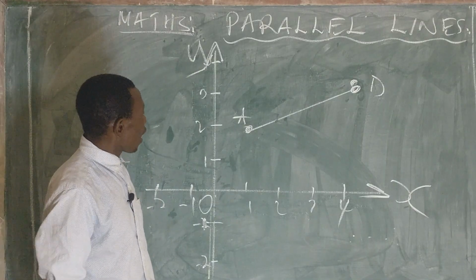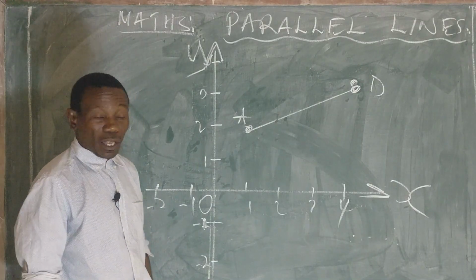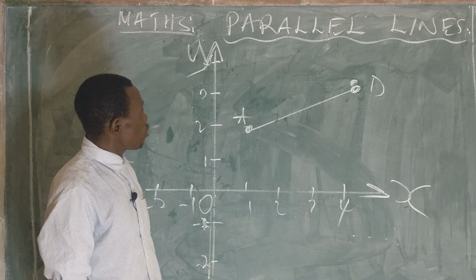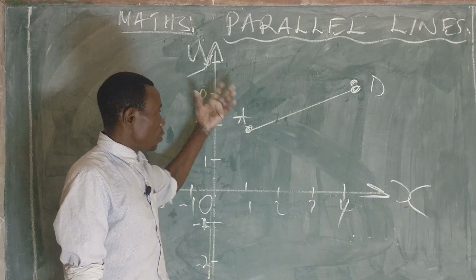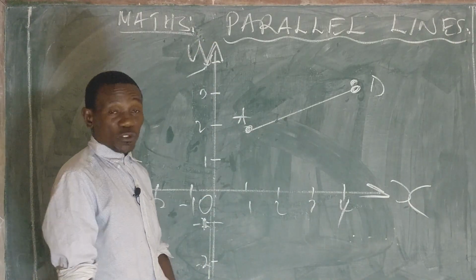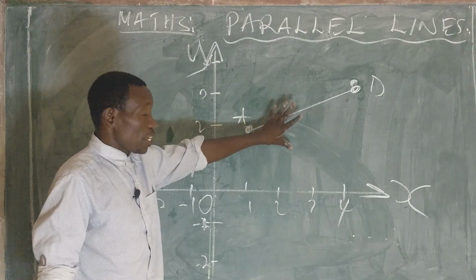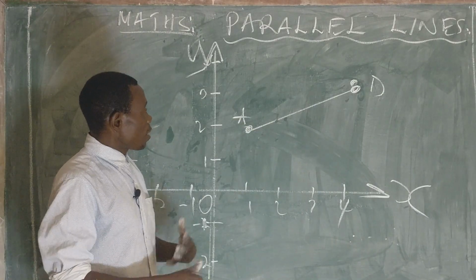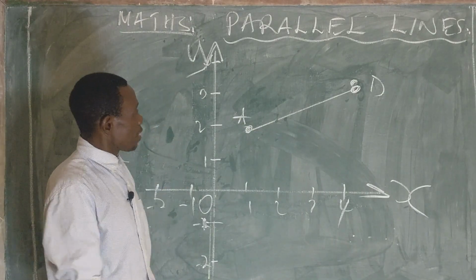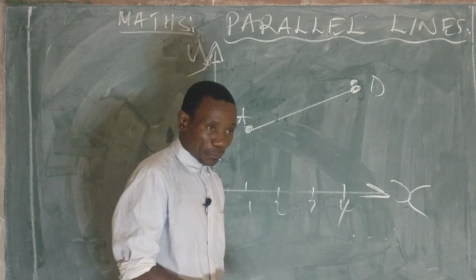So today, what is it that you need to know? We need to discuss issues about lines which can be drawn here. Sometimes you can draw several lines on the Cartesian plane. Now, there might be a situation whereby some lines will be defined as parallel.